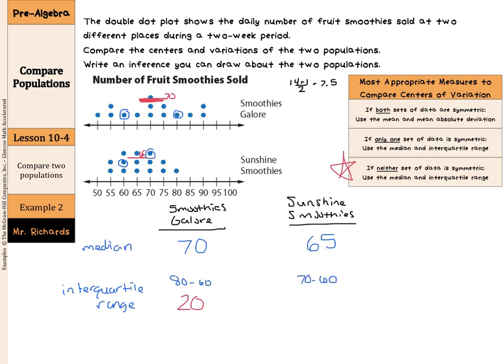And 70 minus 60 is 10. Well, now I can use these data values to try to draw inferences and compare these centers and variations. If we just look, it looks like Sunshine Smoothies sells less per day. I mean, their data is more on the left side of the graph than Smoothies Galore.